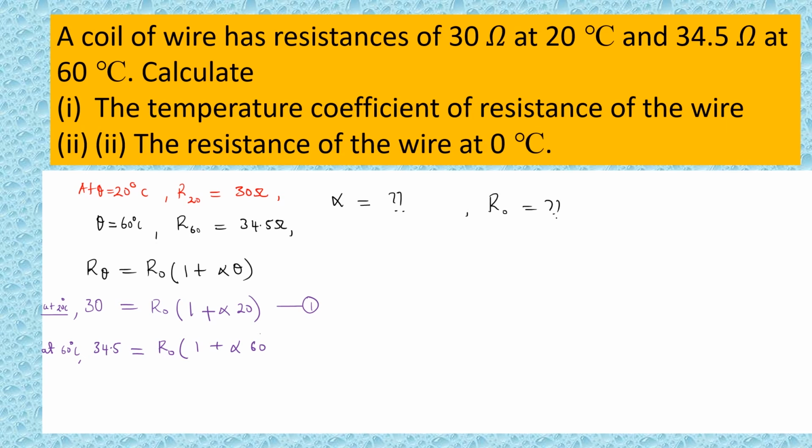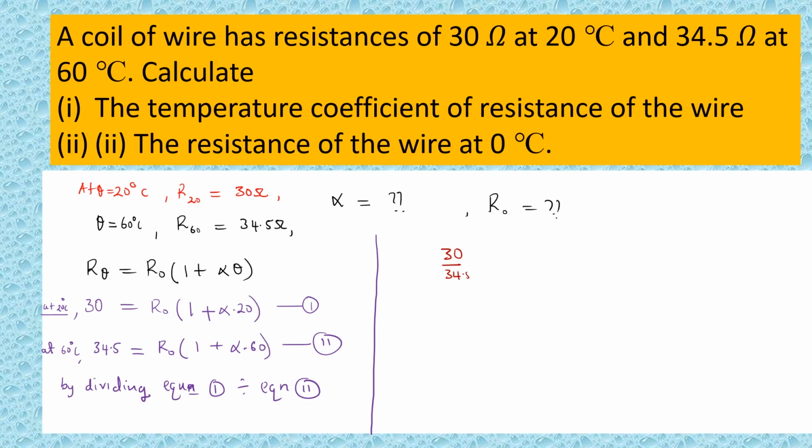Now, by dividing equation 1 by equation 2, we come up with 30 divided by 34.5 being equal to R0 into 1 plus 20 alpha over R0 into 1 plus 60 alpha.